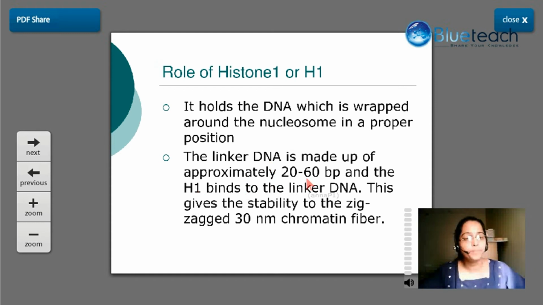the linker DNA. So as shown in this figure, this gives stability to the zigzag 30 nanometer chromatin fiber. So the next stage is the 30 nanometer chromatin fiber, and to give stability to it, this linker DNA helps.